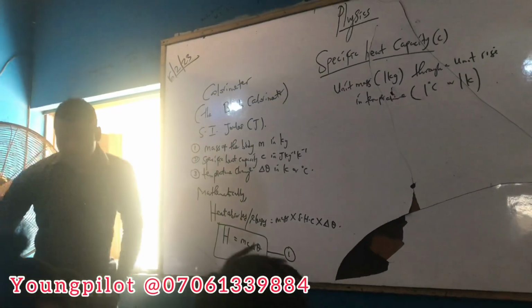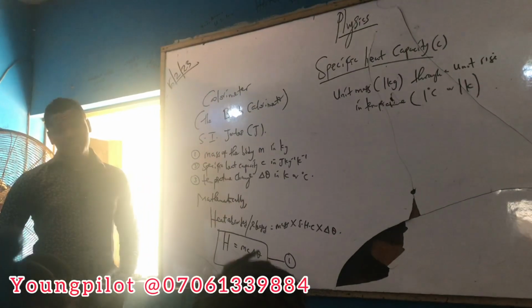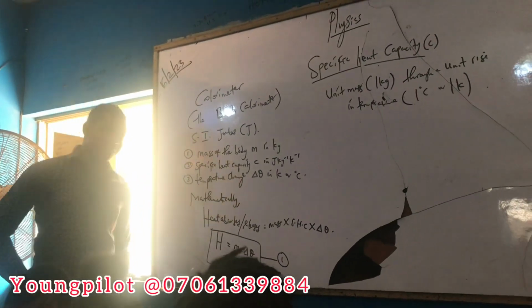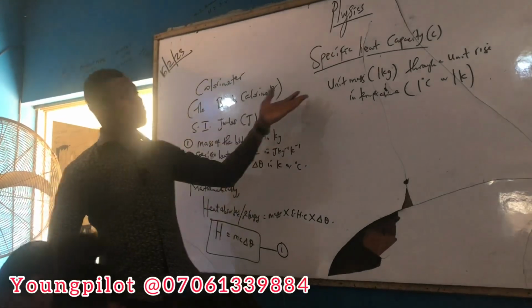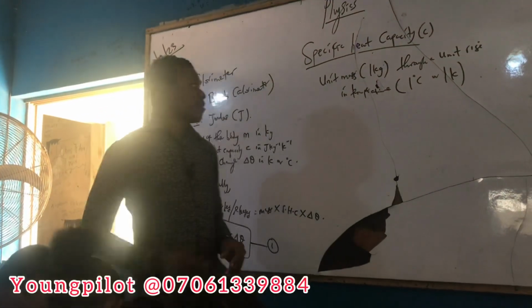I've told us time without number, formula is the definition in physics. Definition is the formula. If you are asked for the formula for specific heat capacity, see the definition.